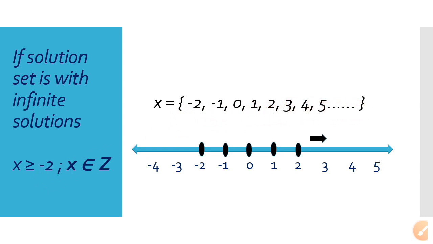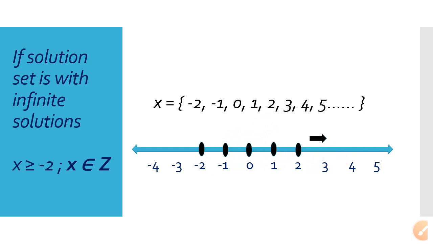To represent this on a number line, this is the graphical representation. Here is the number line: -4, -3, -2. As the solution starts with -2, we will mark -2 here. As it has an infinite number of solutions, we will dot every point: a solid dot at -2, at -1, at 0, at 1, at 2, at 3, at 4.